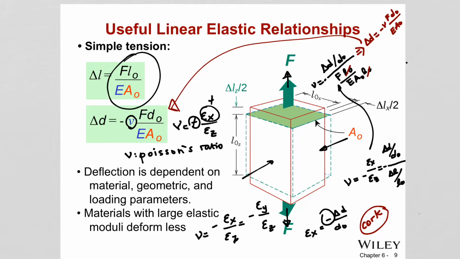The deformation is 0. That's why you are easily able to push it into the bottle top, because when you push it, it doesn't change dimensions in the lateral direction. If it did, it would be hard for us to push and close the bottle. Okay, so that's it with this slide.